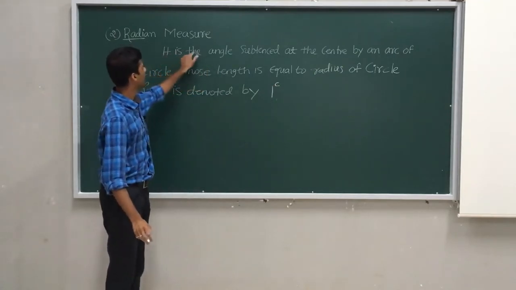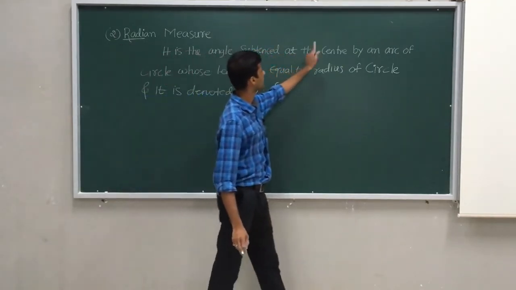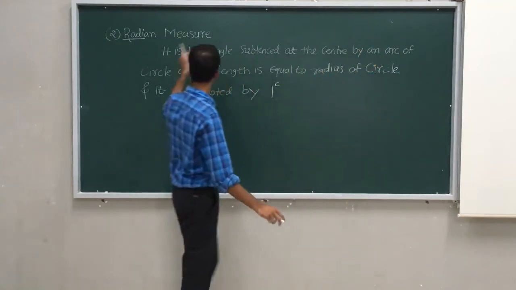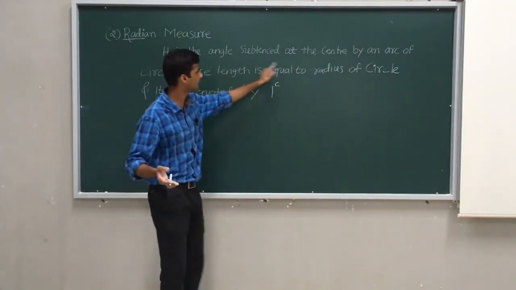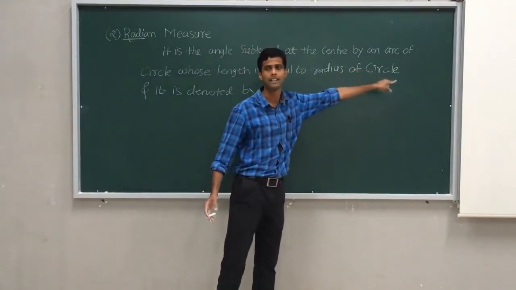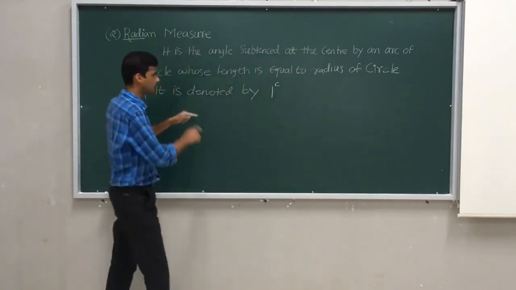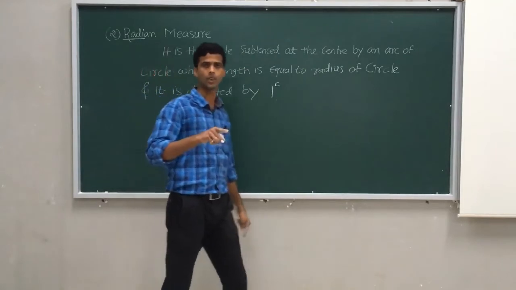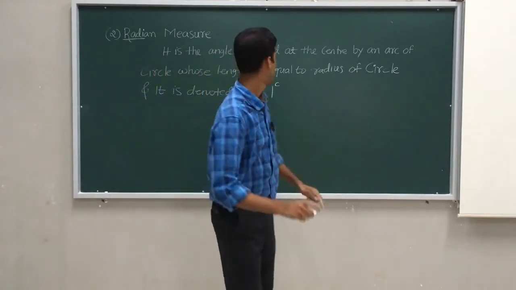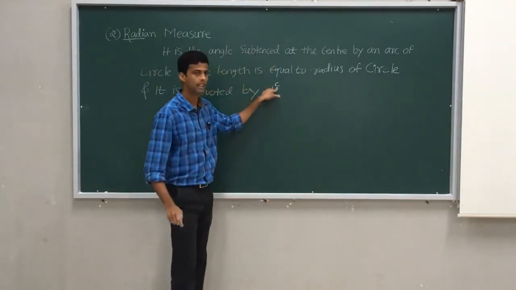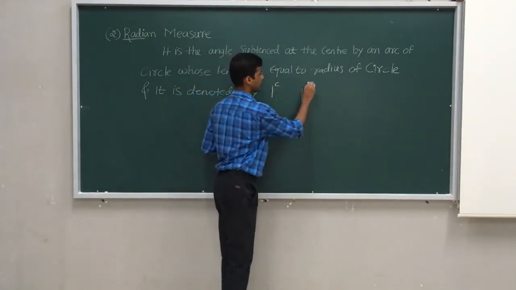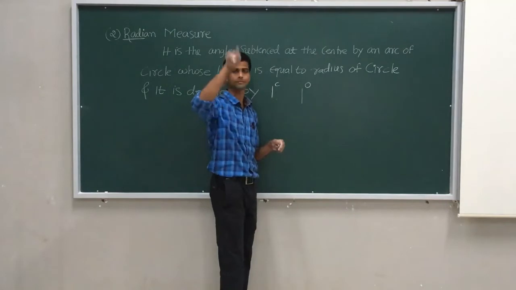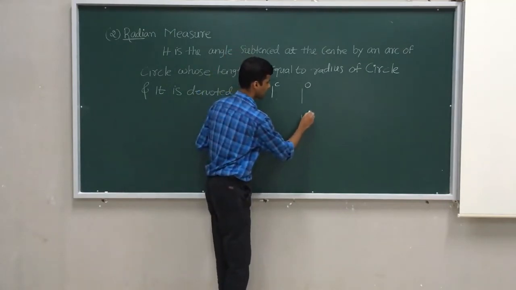Therefore, it is the angle subtended at the center by an arc of a circle. What is the speciality of that arc? That arc length is the same as the radius of the circle. If you get that angle, it is called 1 radian. Radian is usually denoted by a small c over 1. So this is 1 degree, with the round symbol; this is 1 radian.